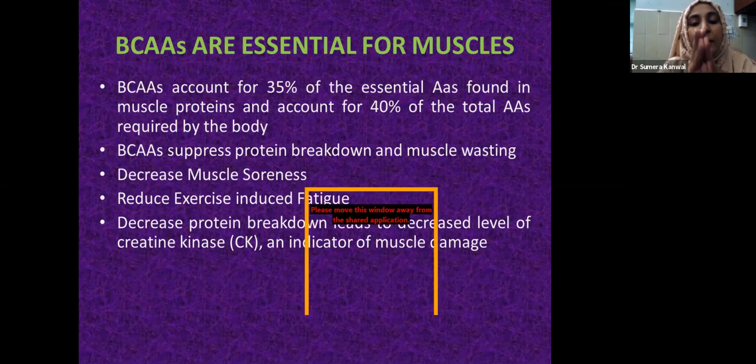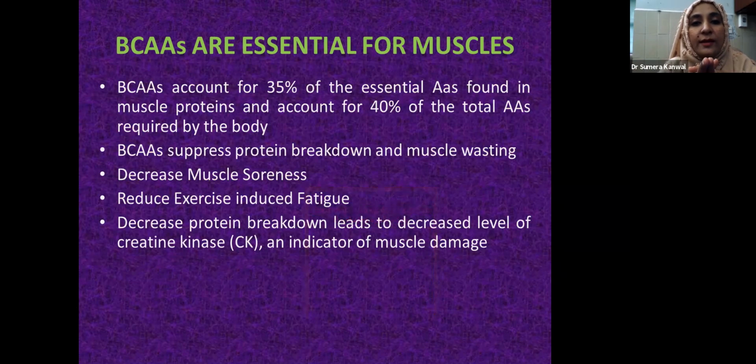I'm repeating, in the presence of branched chain amino acids, the rate of protein synthesis in muscles is increased by 30%. So in a sufficient amount of branched chain amino acids, the protein turnover rate shifts towards the synthetic or the anabolic phase.